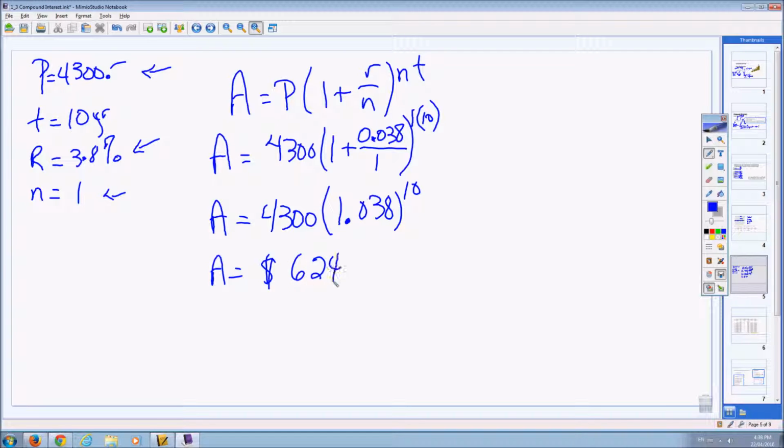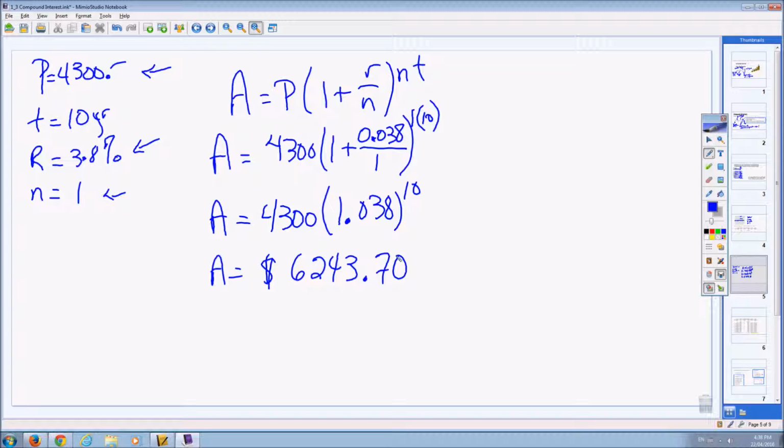And the amount is $6,243.70. Remember, you're going to round to 2 decimal places because we're talking money here. So that's what the formula would look like if she was compounding annually.